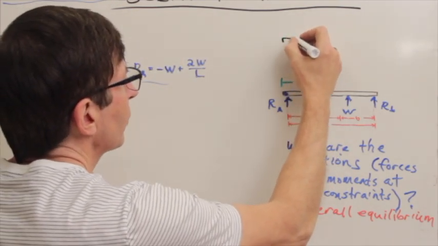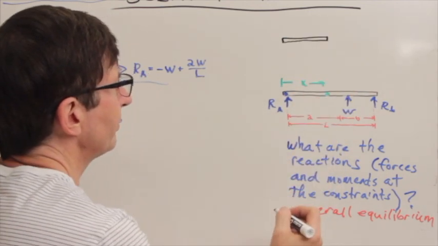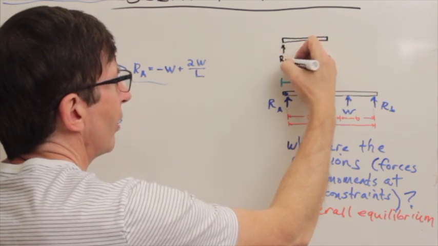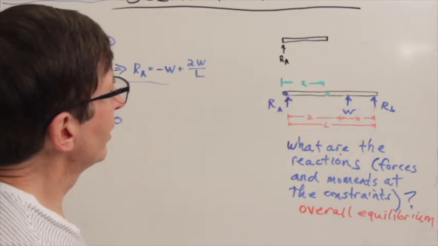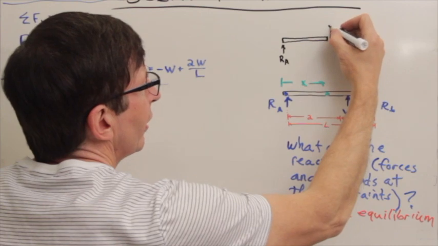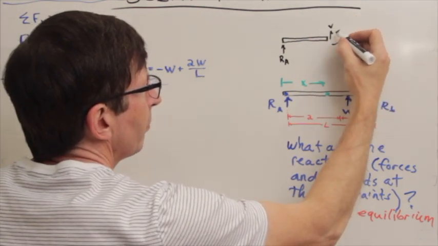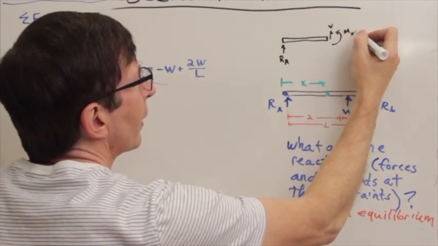What we're left with is a bit of a beam with RA acting on this side and an unknown shear and an unknown bending moment at this point x.